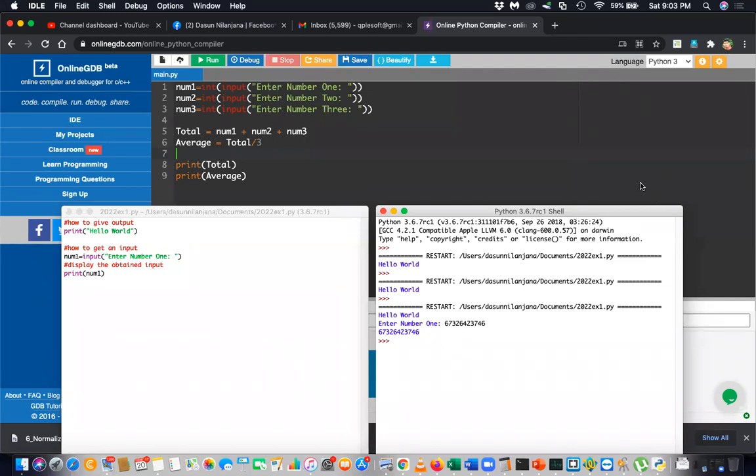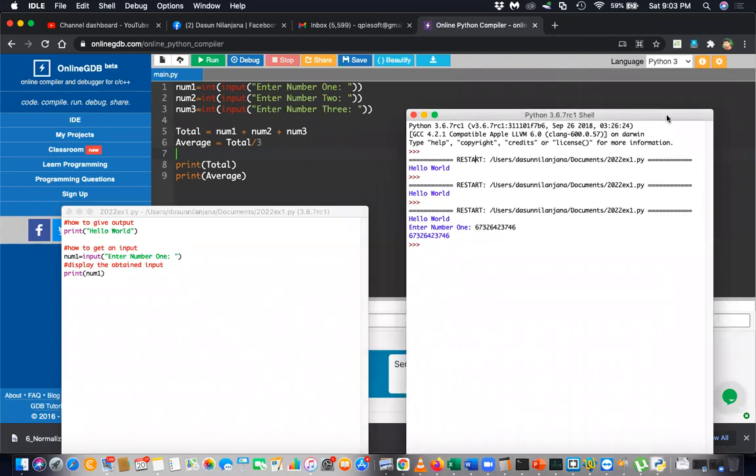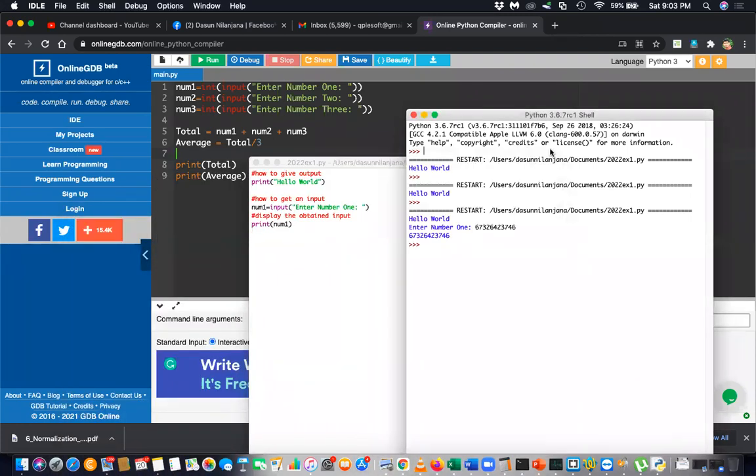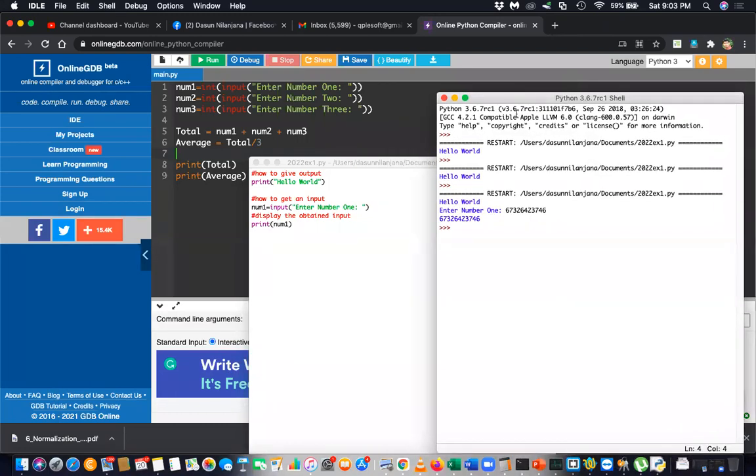Since you are asking about shell, this file is basically to create a new file. But if you have shell you can use it for testing purposes, like here you can say 4 plus 5, and shell will give you the answer. If you tell 4 multiplied by 10, shell will give you the answer.